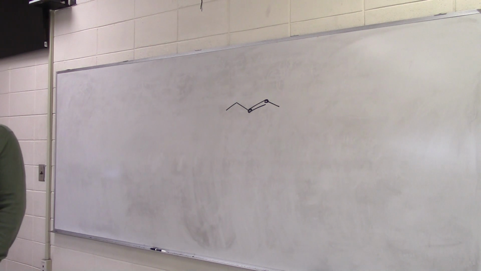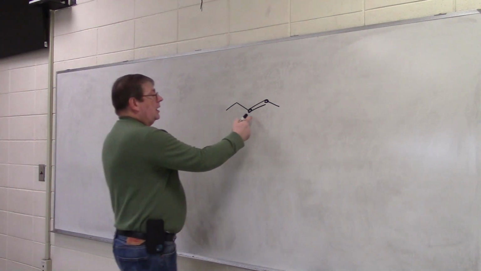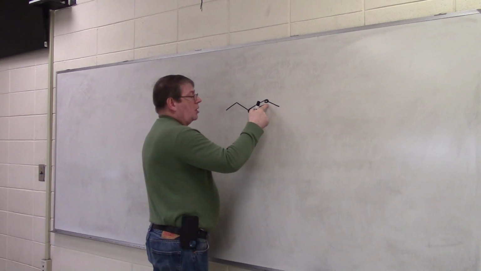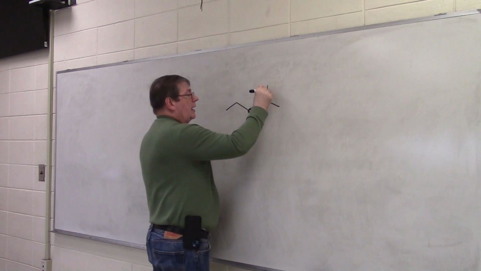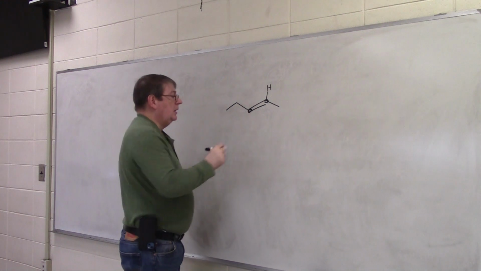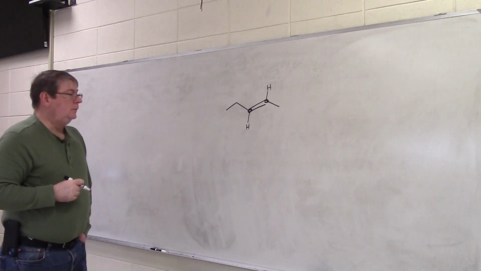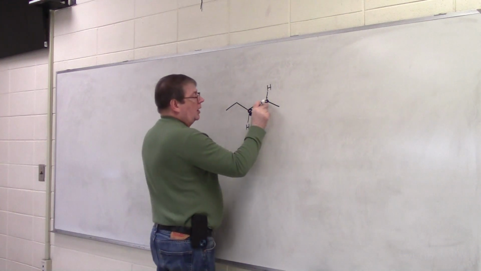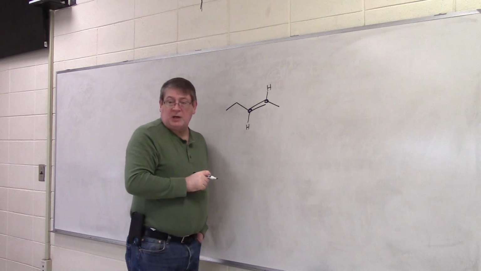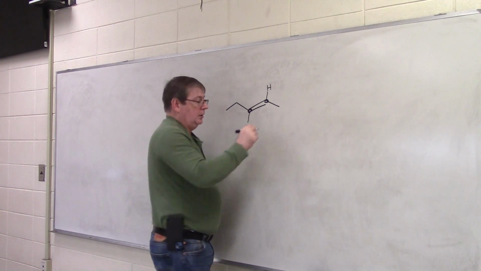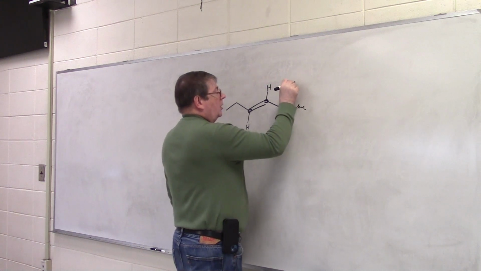Then you got to assign priorities to the groups that are attached. Well, in this bond line drawing, when I look at this carbon, it's attached to a carbon and it's attached to a hydrogen. So I'm going to draw it out for clarity. And this one's attached also to a hydrogen. So what we have to do is figure out the priority, right? So I've got hydrogen and I've got carbon. Which one's the higher priority? Carbon. That's right. So this is the higher priority, this is the lower priority.